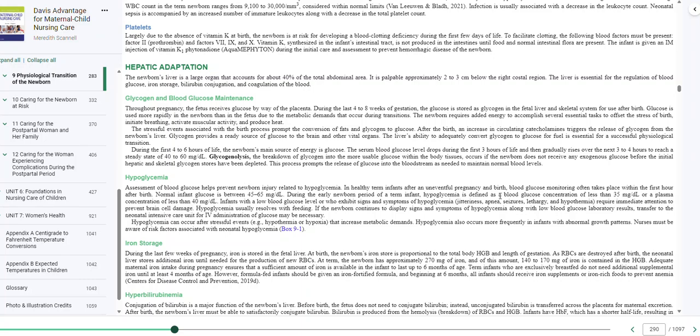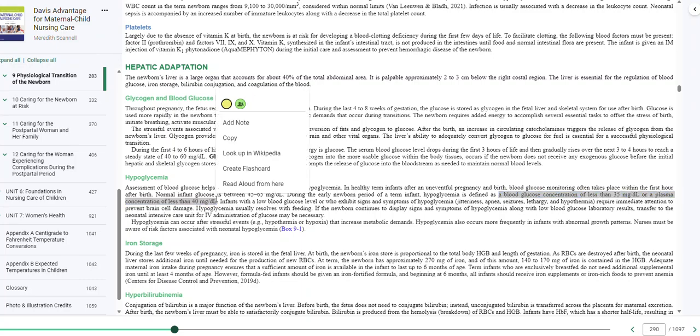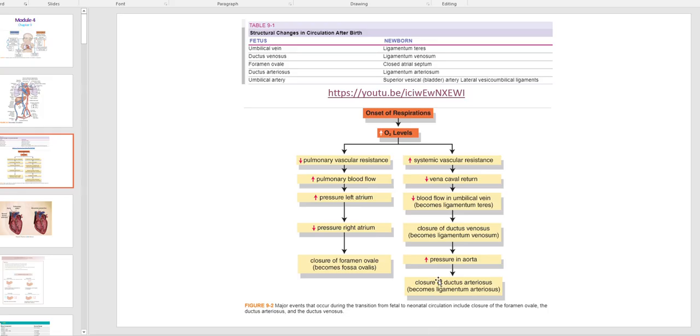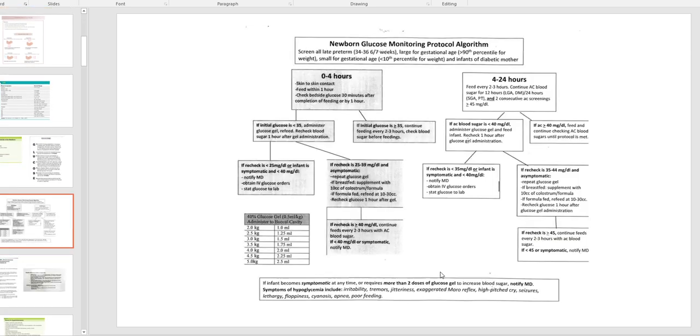The blood glucose concentration of less than 35 or plasma concentration of less than 40 is what we're looking at, okay? For anything at Archbold, it's 40 or less, okay? And I think I showed you on our slide the algorithm that Archbold uses, okay?